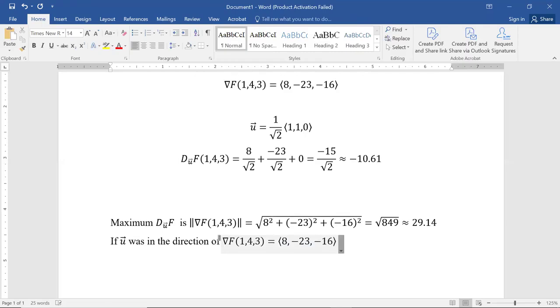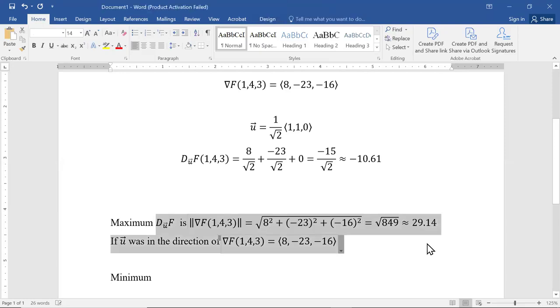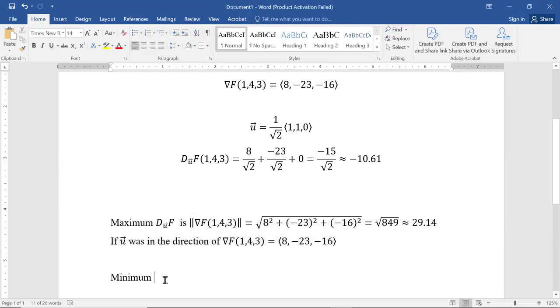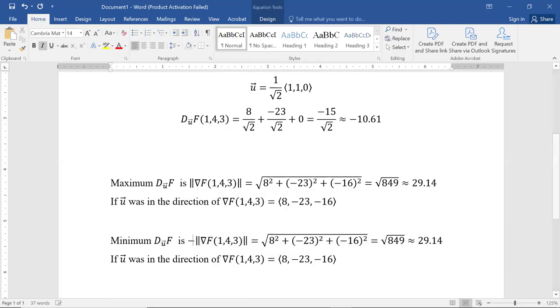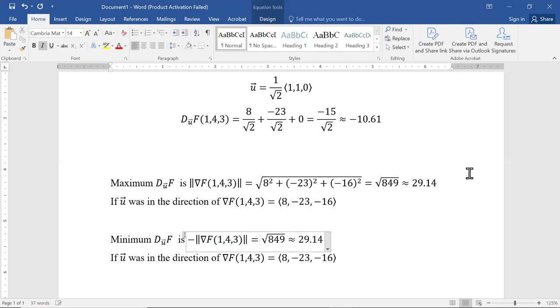Okay. We can do the same thing with minimum. Minimum directional derivative. I'm going to actually just copy and paste this. So the minimum value for my directional derivative would be the negative of the magnitude of the gradient, which would end up as about negative 29.14, or exactly negative square root of 849.